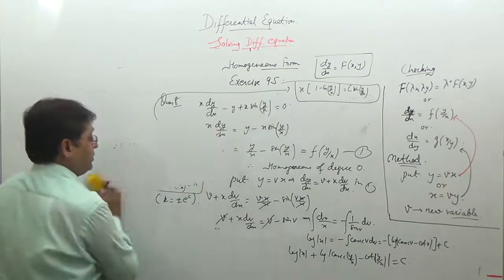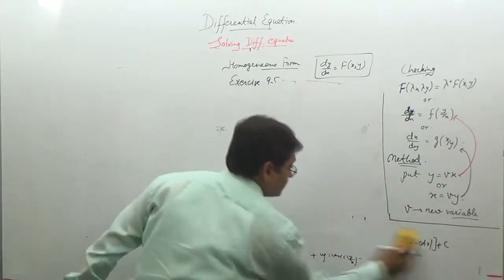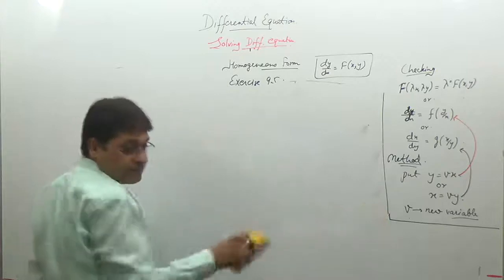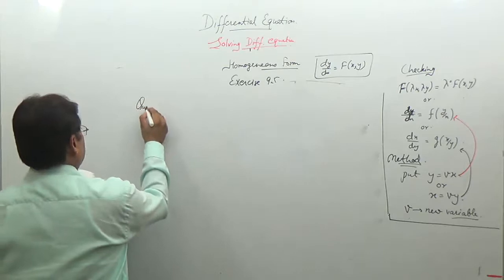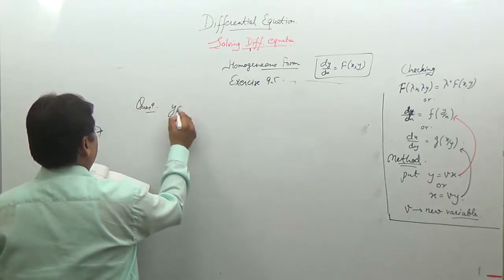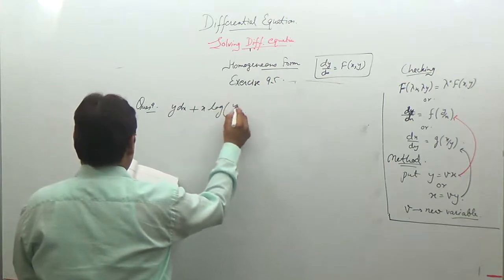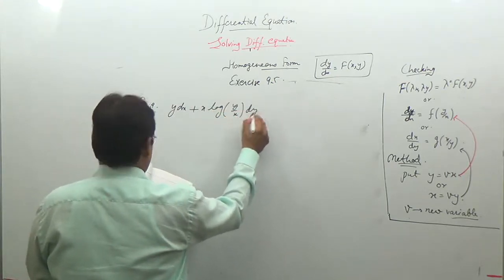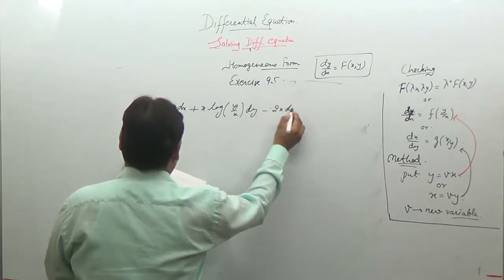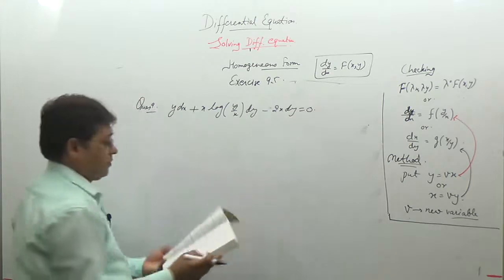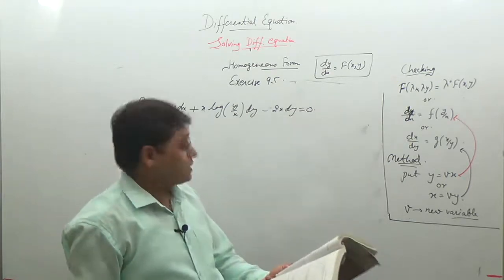Now question number 9. Question number 9 is y dx plus x log of y upon x dy minus 2x dy is equal to 0.